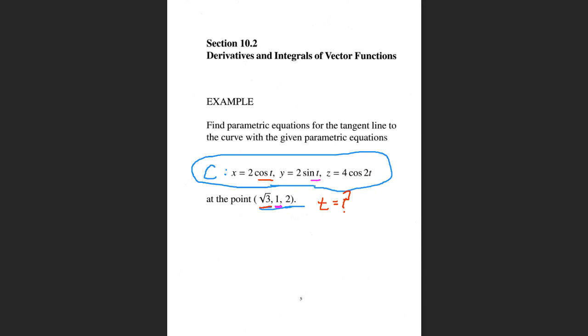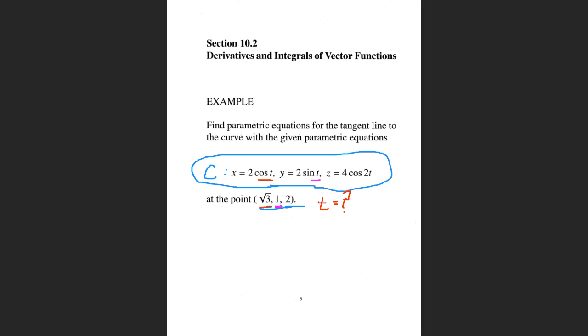So in order to get, let's take the y component.